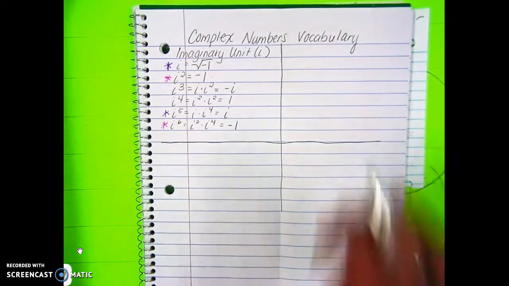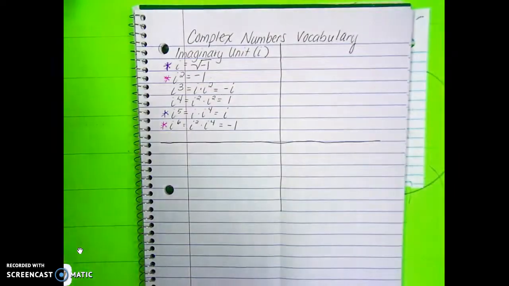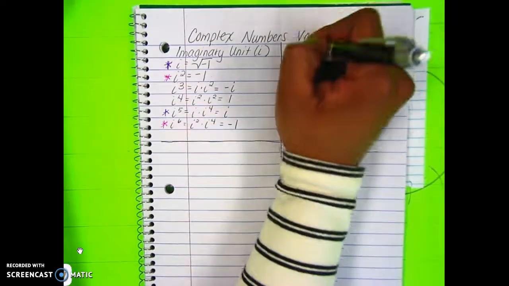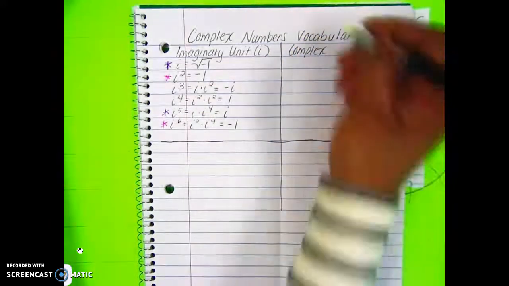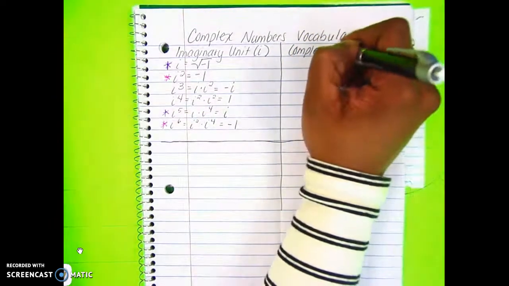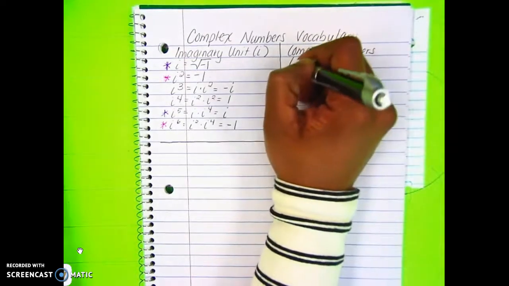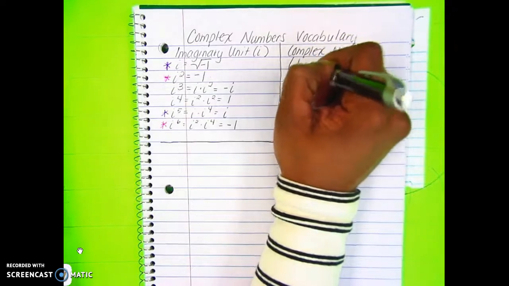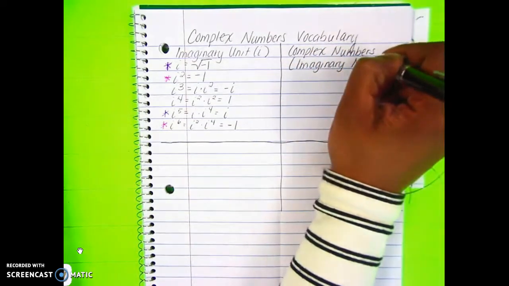The next word is going to be complex numbers. In parentheses, I'm going to write imaginary numbers, because they are the same thing.